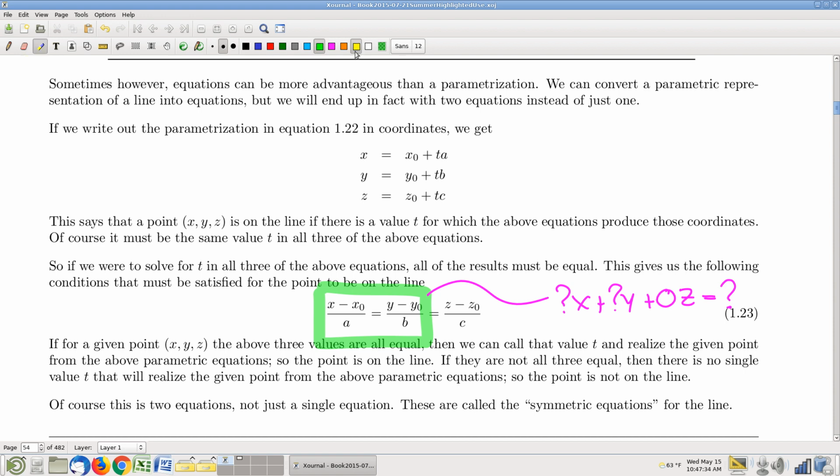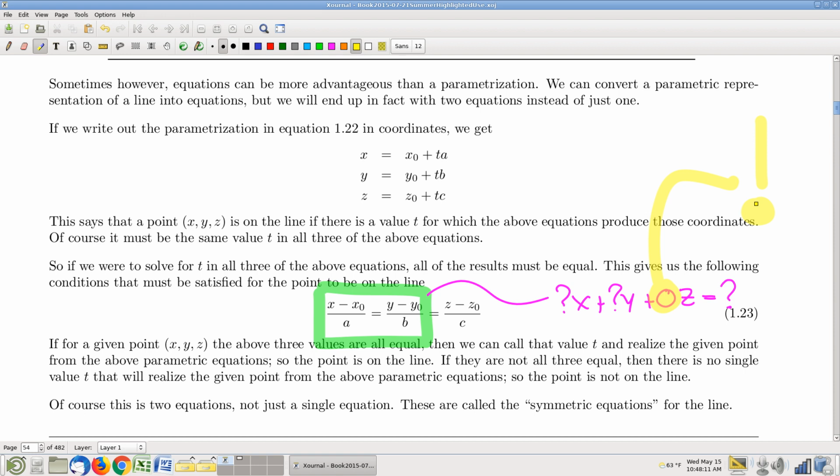And the fact that this is a 0 means something. Remember, these coefficients in the equation of a plane are telling you about the normal vector. This normal vector has its third coordinate as 0, so it is horizontal. I don't know exactly which direction it points horizontally, but it doesn't have any upward component. And if you have a normal vector that's horizontal, your plane is vertical.